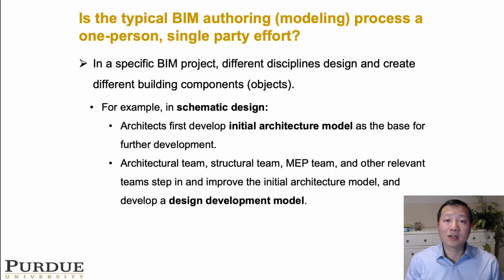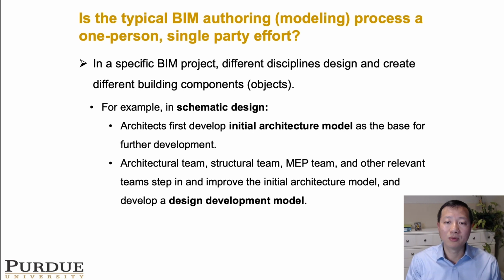Now, this is determined by all the different disciplines involved in the design process, as well as the repetitive, cyclic designing procedure that we intentionally put in place in order to give us some checkpoints and make necessary changes before we go too far. So in a specific BIM project, different disciplines design and create different building components or objects.